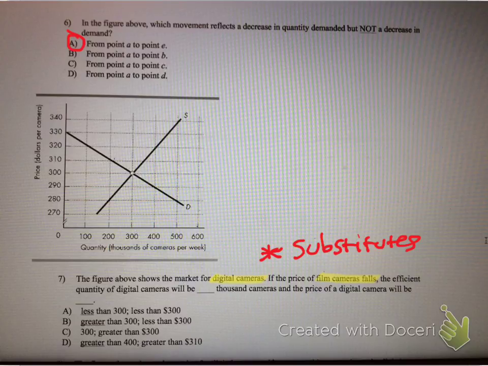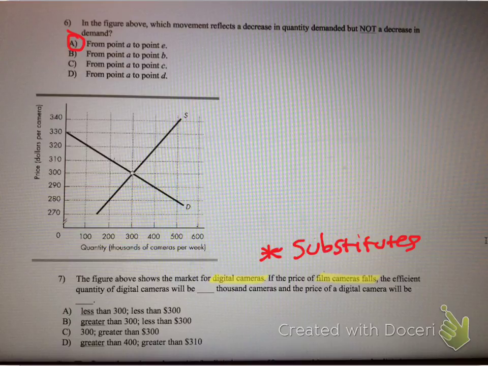Well, if the price falls, more people will want it, so you'll have to have greater than the equilibrium point. So it won't be less than 300 for the first part. Could be greater than 300. Wouldn't be exactly 300 either. Greater than 400. Wait a minute. I think I interpreted this wrong.